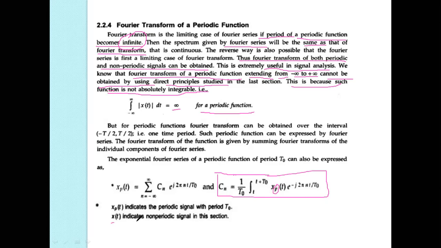The x of t is a non-periodic signal. Xp of t, when indicated in the Fourier transformation, is a periodic signal with a period T naught. In the Fourier transformation, if they use any xp suffix, x of t indicates a non-periodic signal, my dear students.